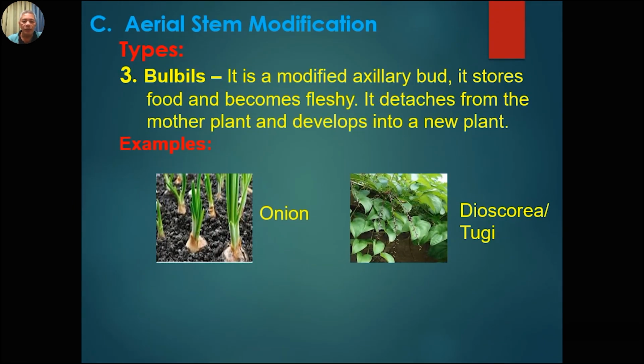Next type is bulbils. It is a modified axillary bud. It stores food and becomes fleshy. It detaches from the mother plant and develops into a new plant. Examples are onion and Dioscorea or tugi. This is almost similar to yam.